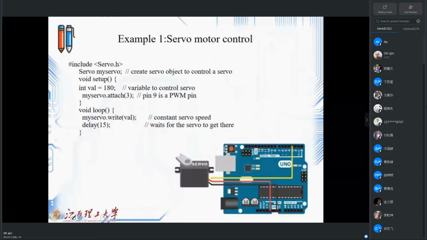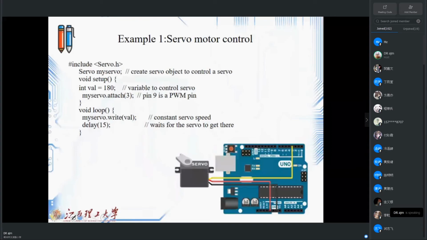In the program we include the servo library, and we make the object for the servo. In setup, I connect the servo to pin 9 with attach. Then in the loop, I use servo write to move the servo.